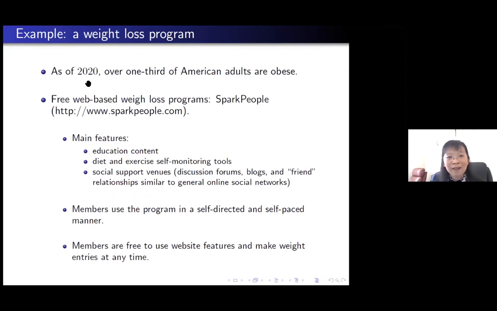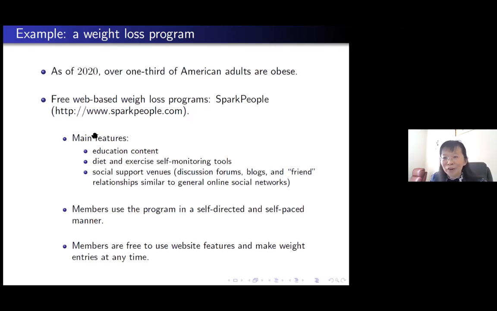As we know, over the last few decades, the increasing incidence of obesity has become a worldwide health issue. Among available weight control preventions, web-based programs such as SparkPeople have gained popularity because of their flexibility and low cost.